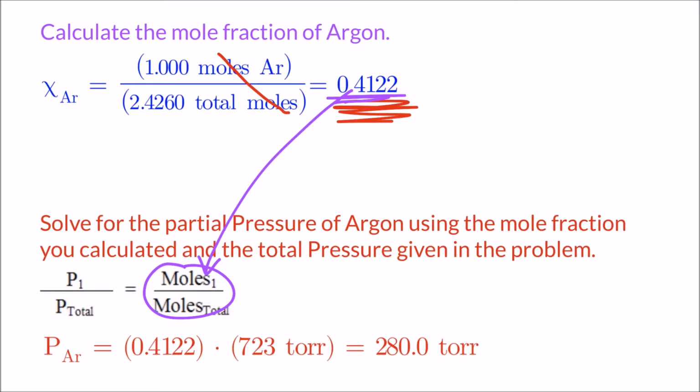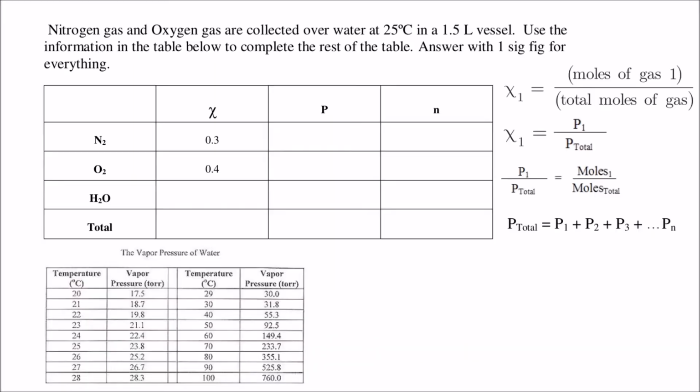Okay, let's look at the next question. Nitrogen gas and oxygen gas. Remember, those are both diatomic. Nitrogen and oxygen are collected over water. Remember what I told you: if we collect something over water, at the surface of the water it's going to vaporize and become a gas.